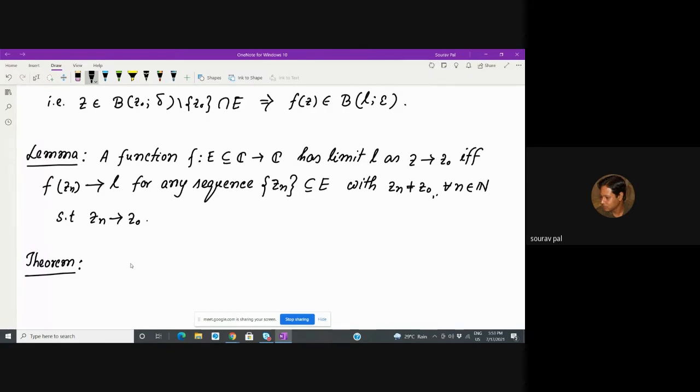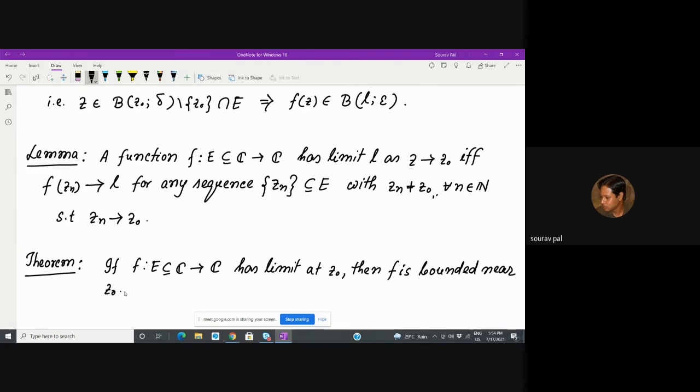If f has a limit at a point z naught, then f is bounded near z naught, meaning f is bounded in a deleted neighborhood of z naught.